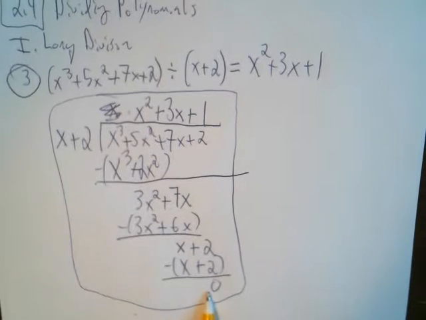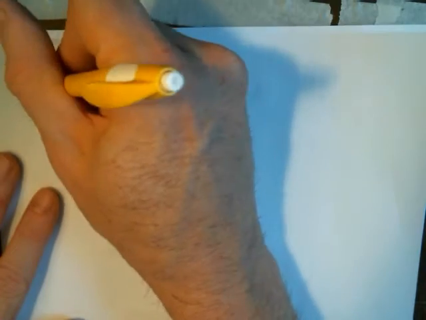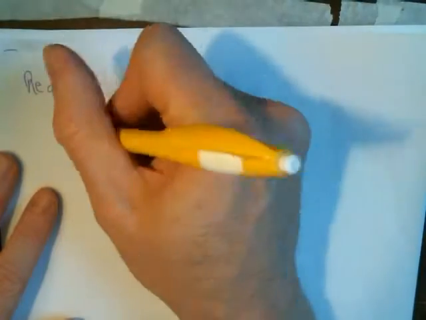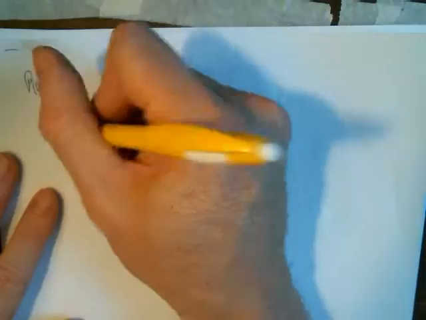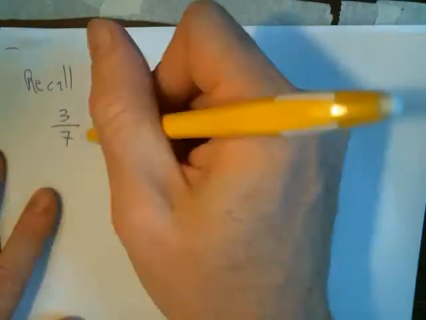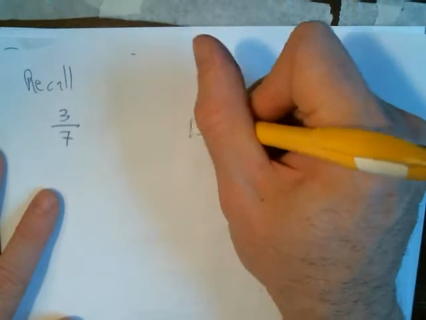So this one's nice. It didn't have a remainder, but you know what happens when we have a remainder. And you kind of should know if you consider a numerical example.